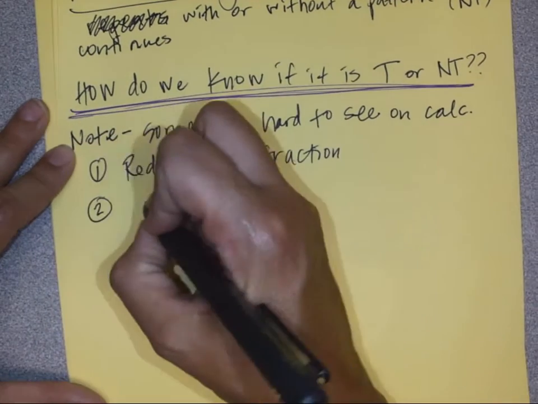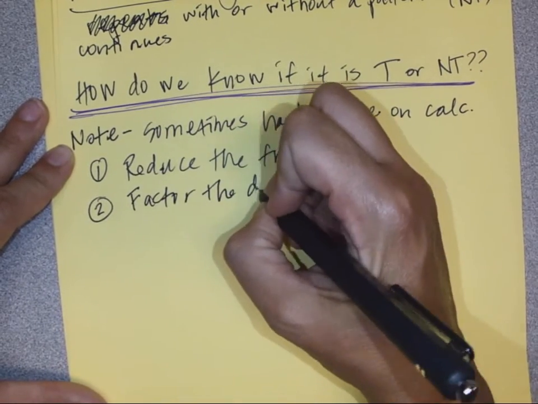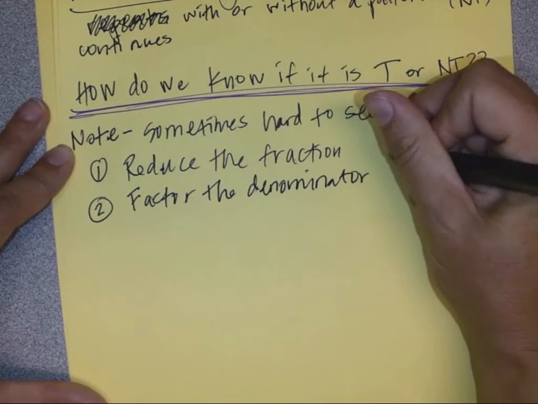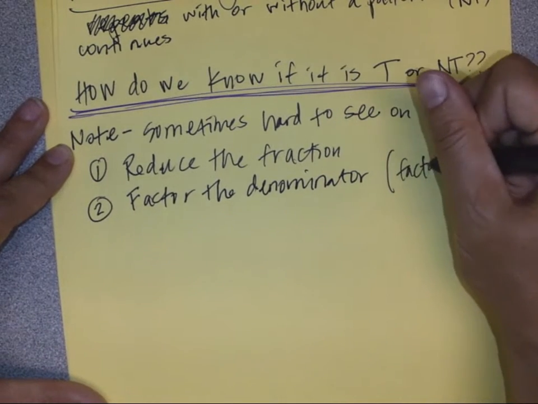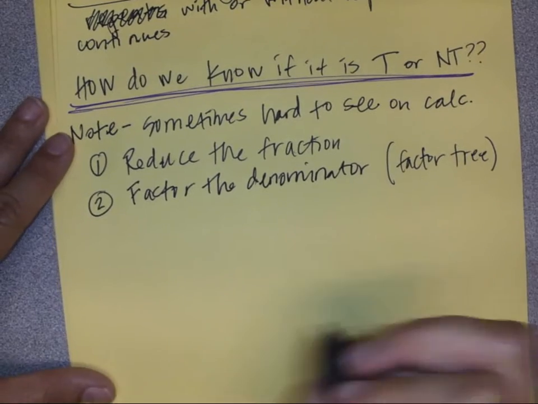Then the next thing you need to do is factor the denominator. Factoring the denominator is like the whole factor tree thing, and we'll do some examples of this in just a second if you've forgotten what a factor tree is.